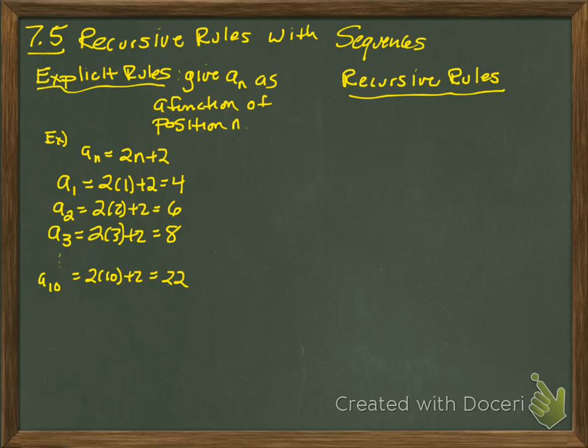There's another way of defining a sequence, and it's called a recursive rule, or defining them recursively. Basically, you have to know a few first terms of a sequence.